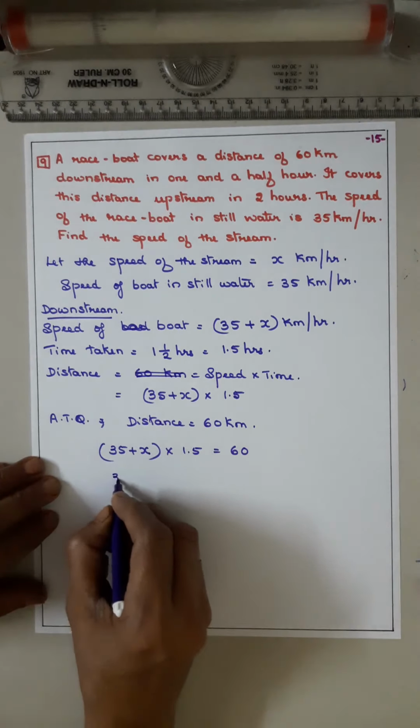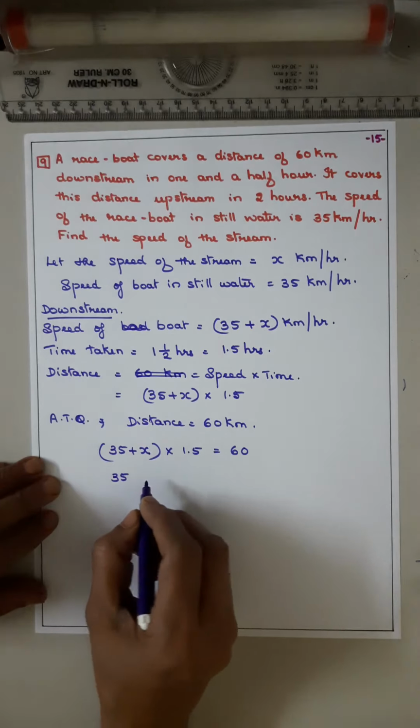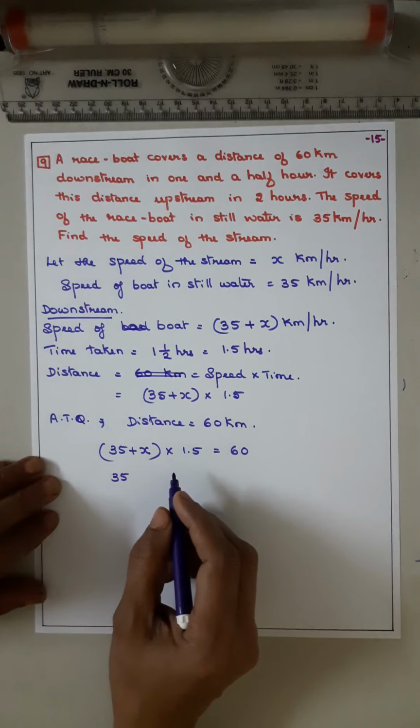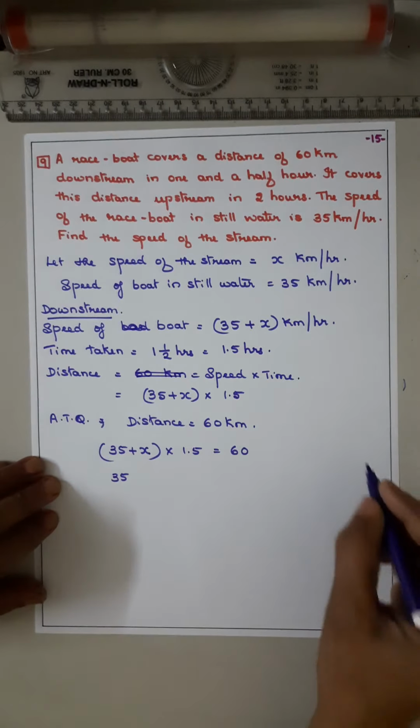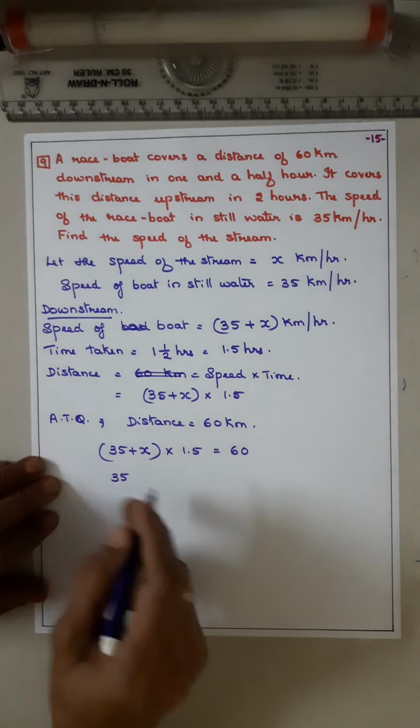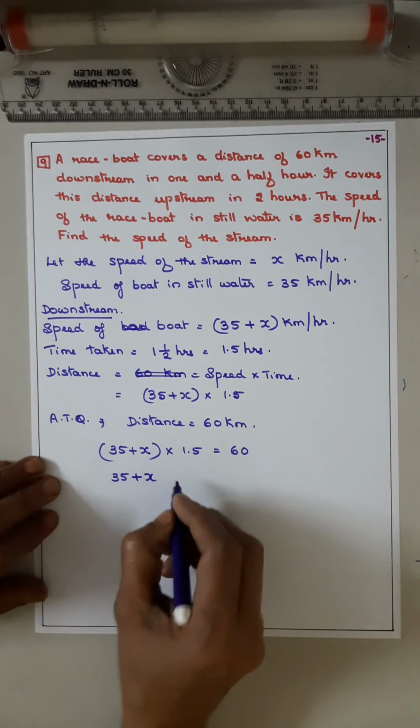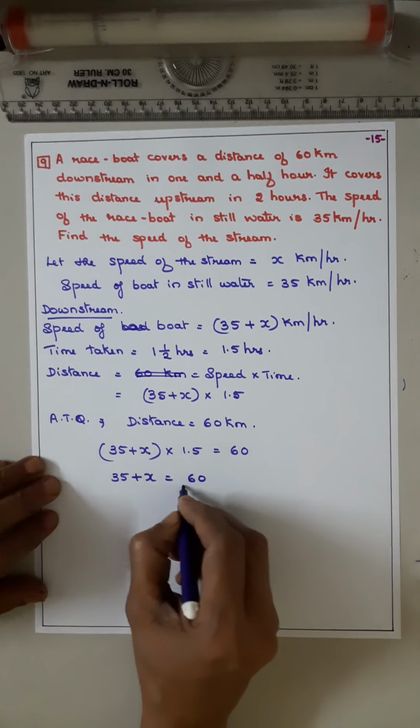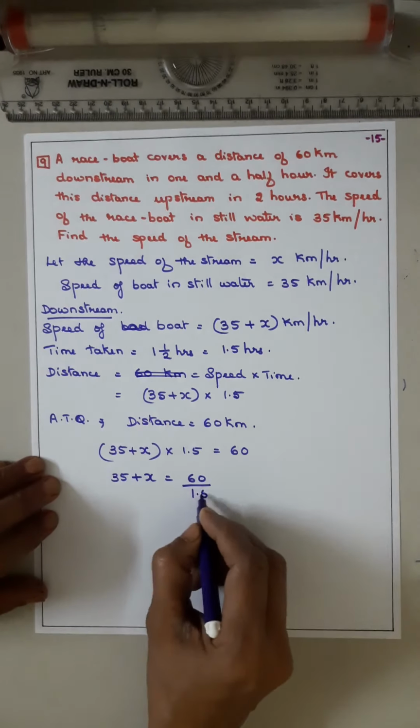So, 35 into 1.5, how much will it be? Otherwise, take the 1.5 to the other side: 60 upon 1.5.